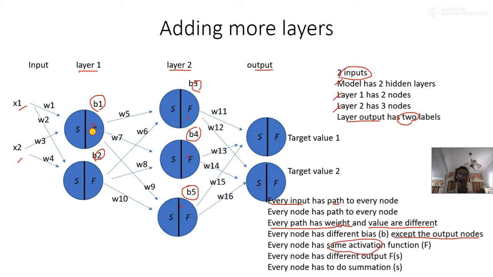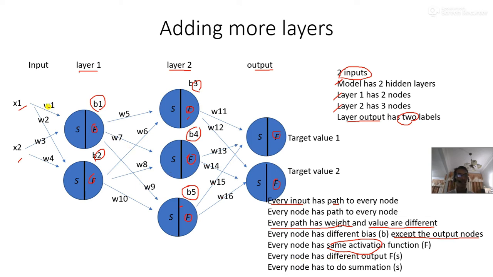Every node has the same activation function, so this activation function and this one are the same, while the output one is used differently. Every node has a different output.